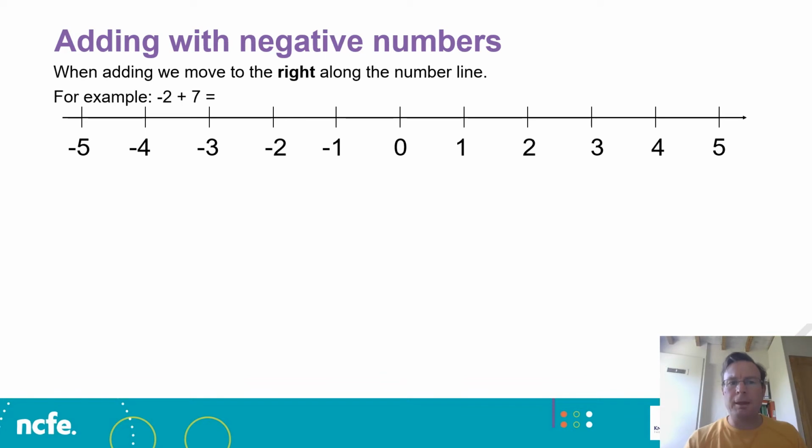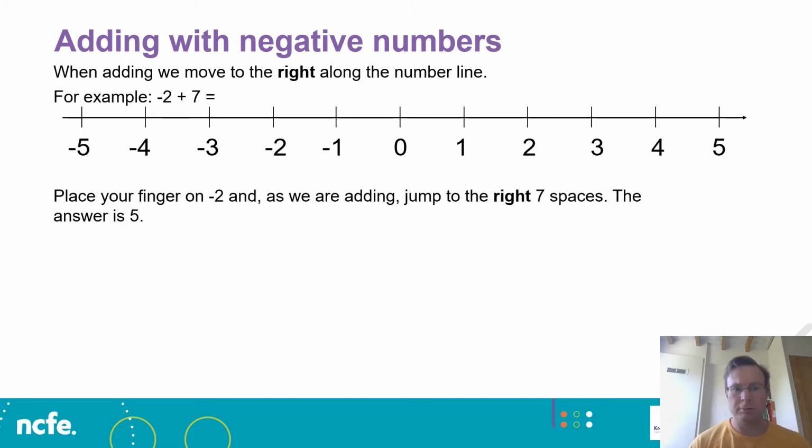So here's our line. If we start at -2, place your finger on -2, and as if you're adding, just jump 7 spaces to the right. By jumping those 7 spaces from -2 to the right, you end up with an answer of 5. So -2 plus 7 is 5.